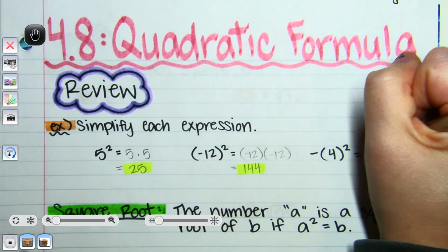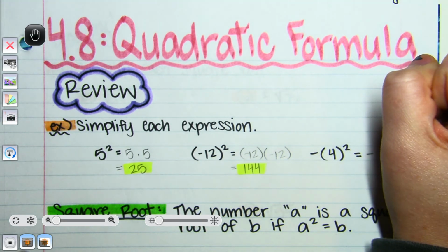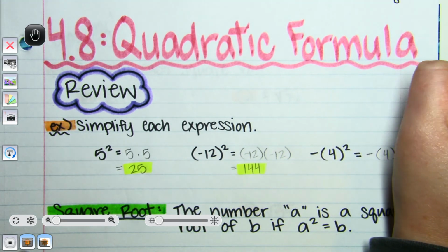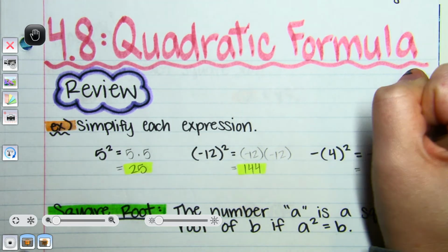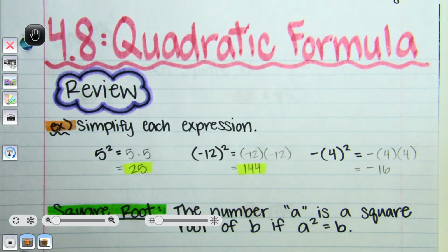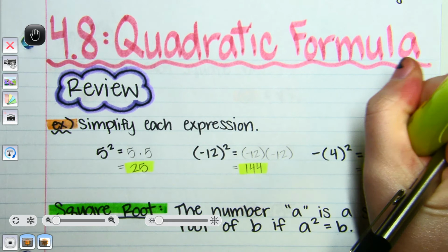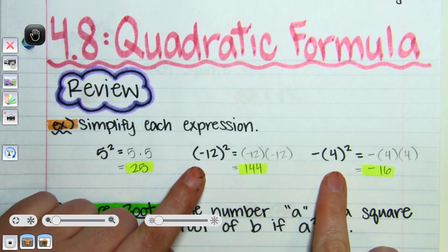So the negative just stays hanging out in front, and then the 4 squared is 4 times 4, which is 16. So there's a very distinct difference between the one in the middle and the one on the right. You have to pay attention to where the negative is.